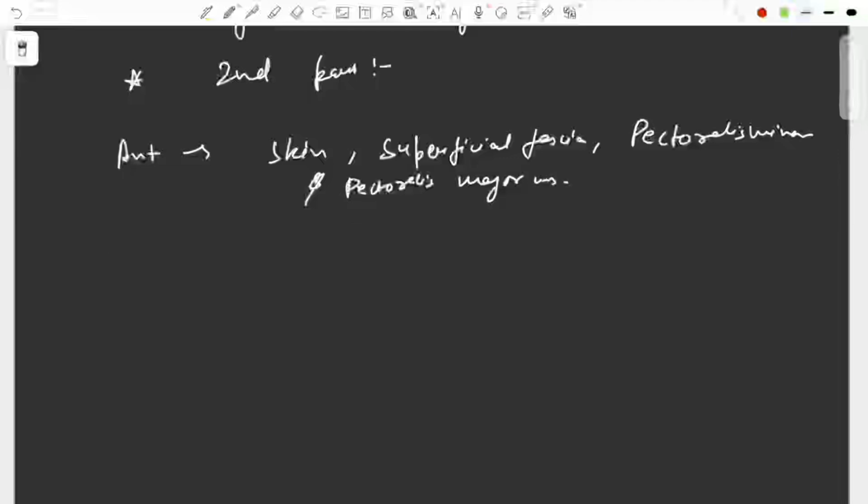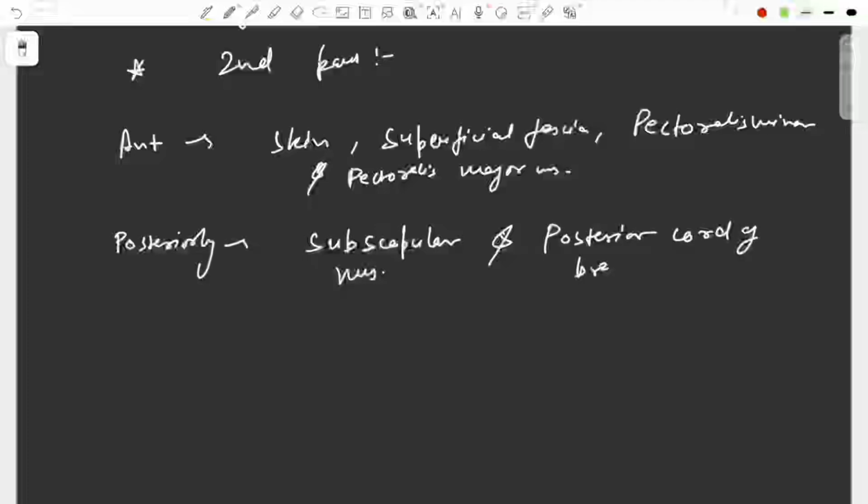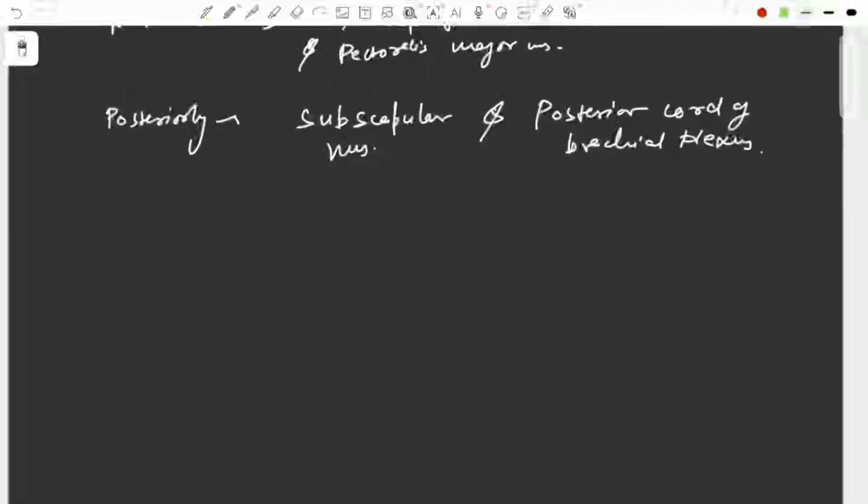Posteriorly lie the subscapular muscle and the posterior cord of the brachial plexus.